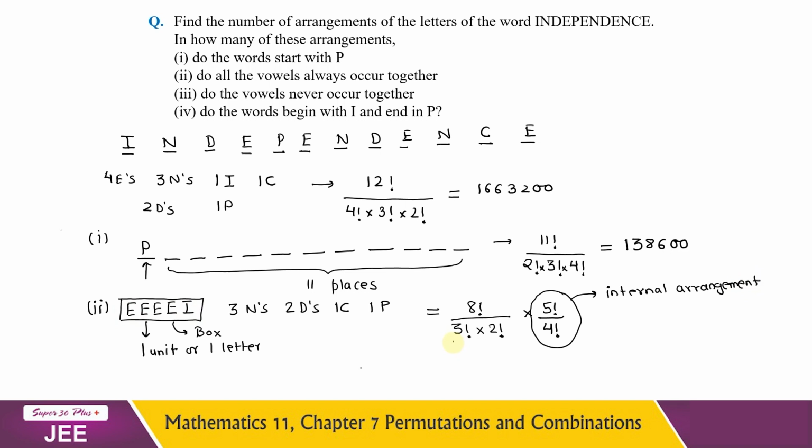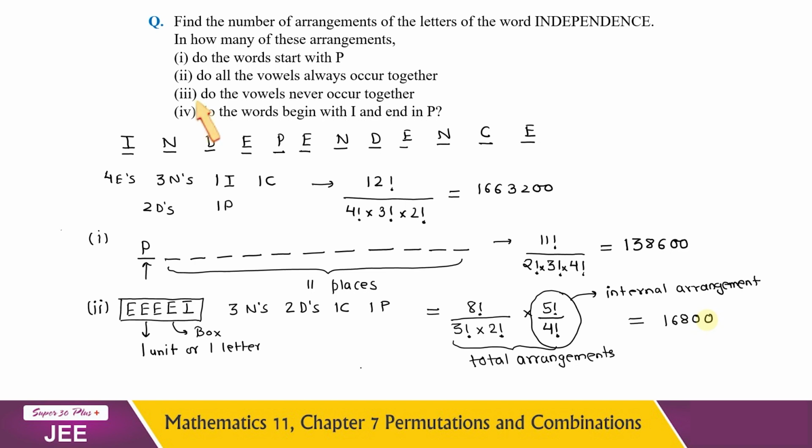And this entire expression indicates the total arrangements. Alright, so this is the method of the second part, which is called the box method, and the answer upon calculation comes out to be 16800.